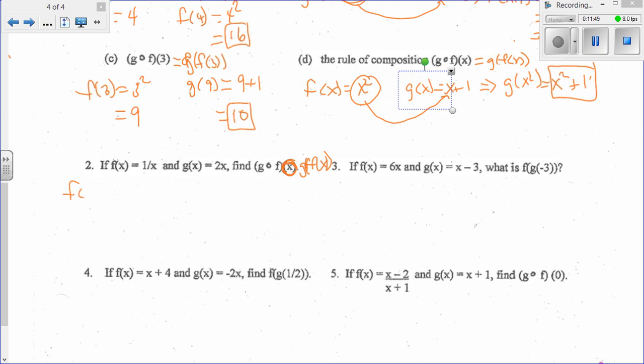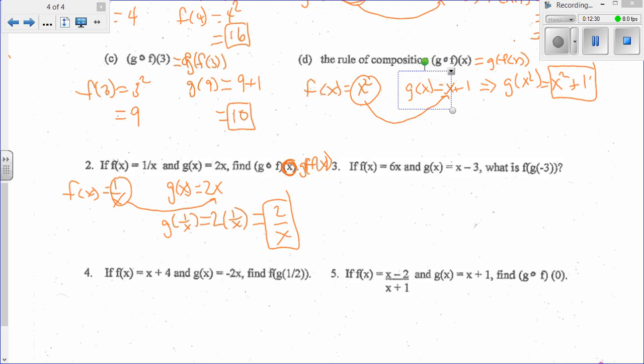So f of x is equal to 1 over x, and g of x is equal to 2 times x. So what I need to do is take 1 over x and put it in place of x. So that will be g of 1 over x is equal to 2 times 1 over x. And then I just need to clean up what that looks like, and that will give me 2 over x. So g of f of x is equal to 2 over x.